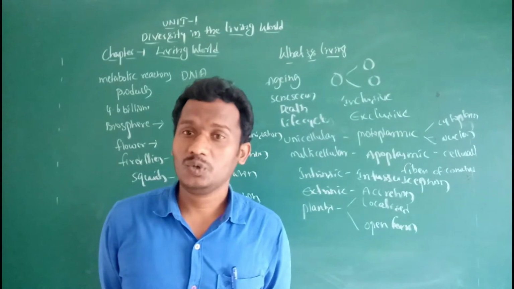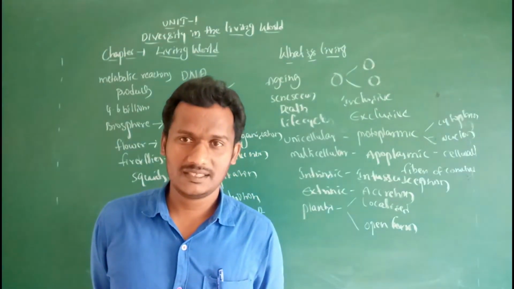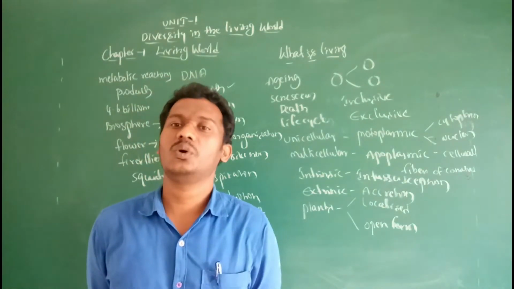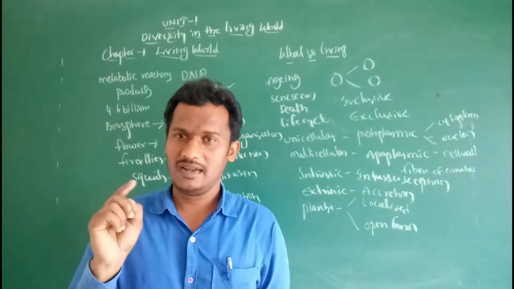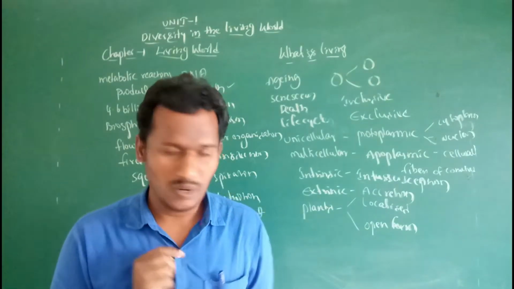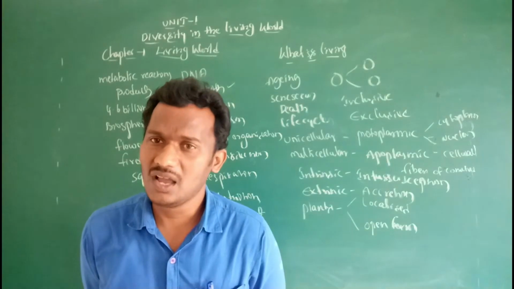Open form of growth means that at certain locations meristematic cells are present in the plant body. These meristematic cells are responsible for adding new cells continuously to the plant body. This is known as open form of growth and localized growth.